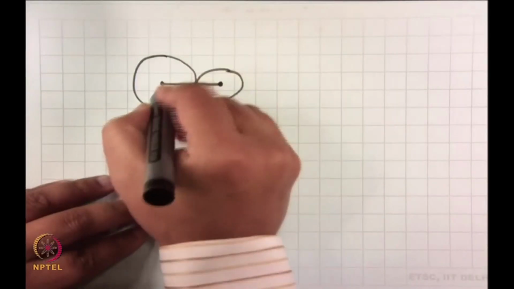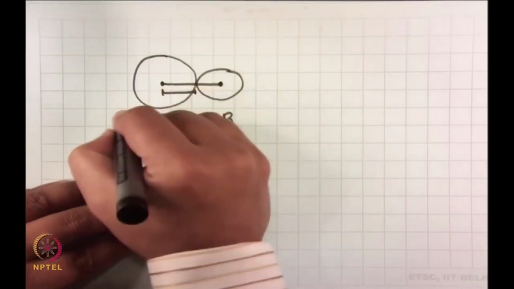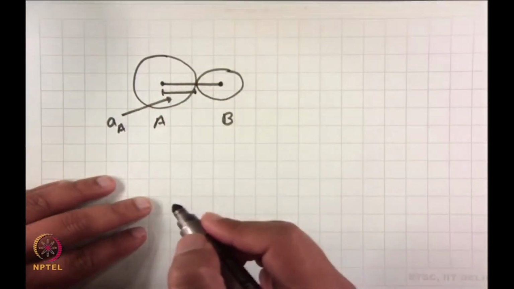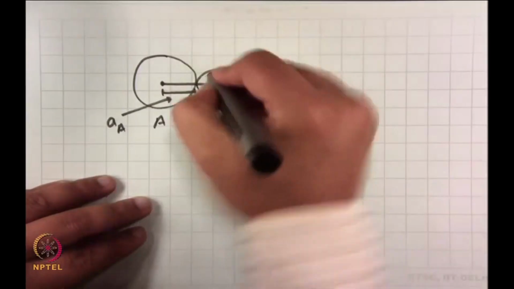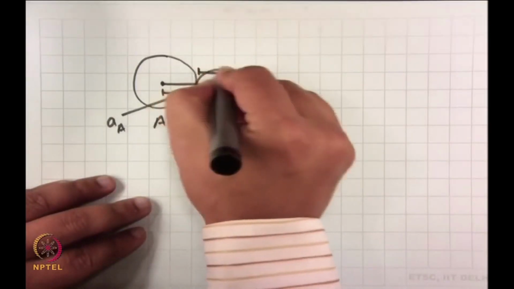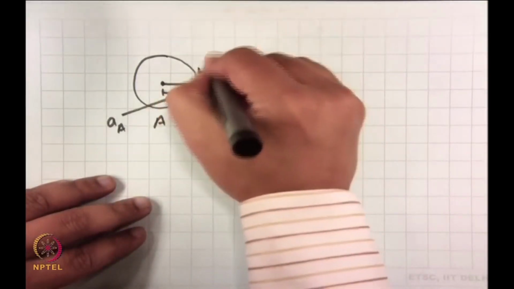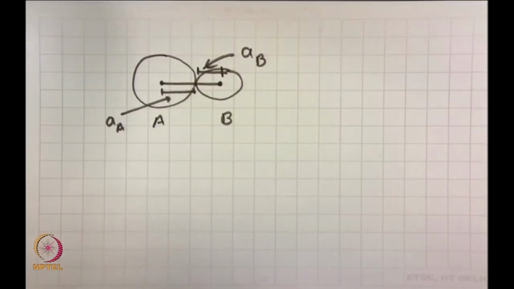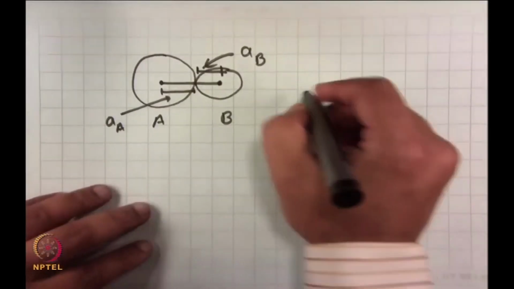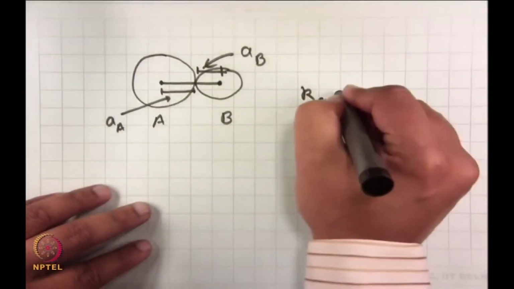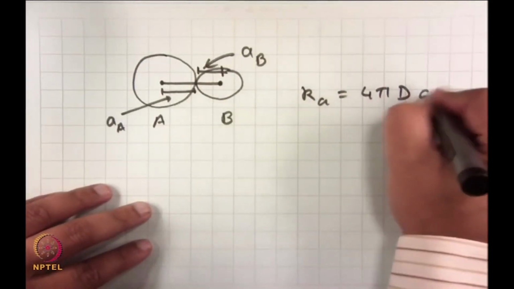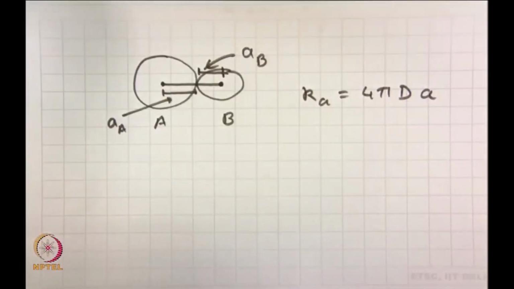I have this one would be, say, the radius of molecule A, right, and this one should be the radius of the protein B. Okay. So, when I defined k of A from before to be 4 pi d A, now I am doing a transformation.